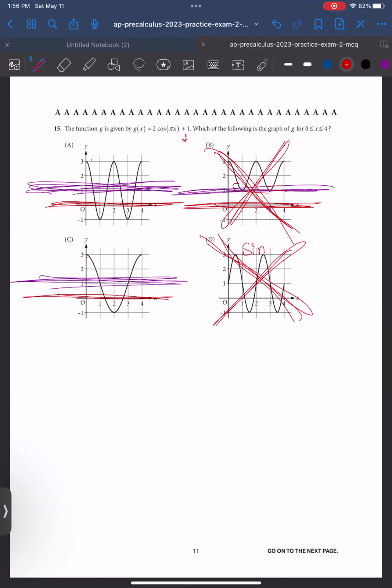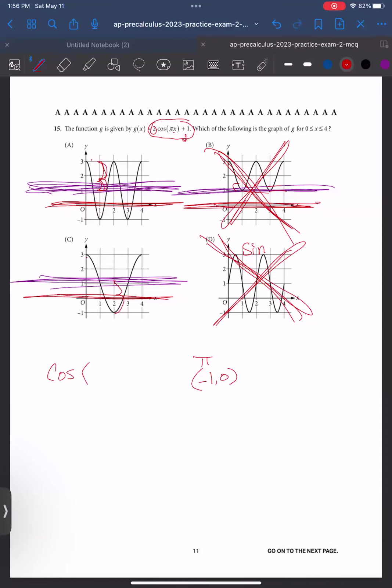Now I need to figure out my amplitude, which says 2. So for my amplitude, I have to go 2 down, 1, 2. But now I do this over here, and I'm also at 1, 2. So now I have A and C are basically the same kind of idea, except I can go ahead and figure out points, right? What is the cosine of pi? Well, pi, I know, because of my unit circle, is at (-1, 0), right? Yes.